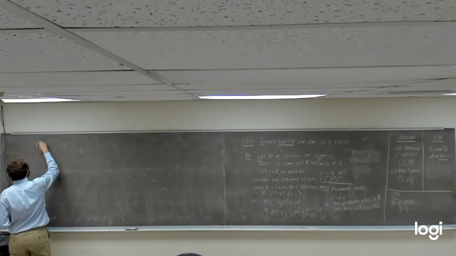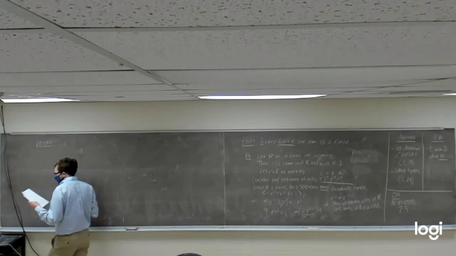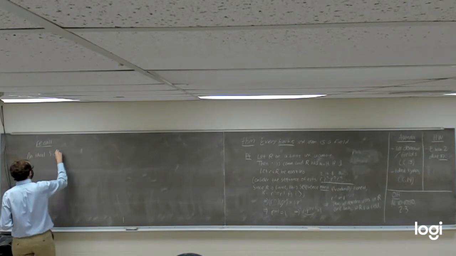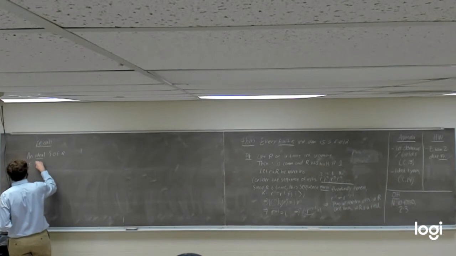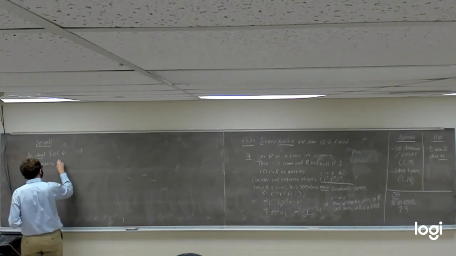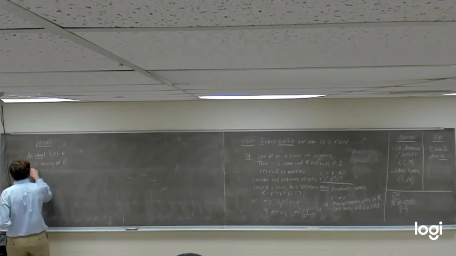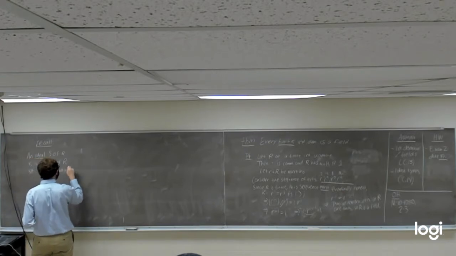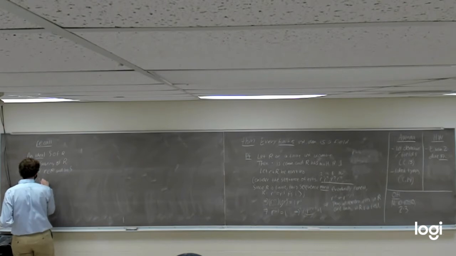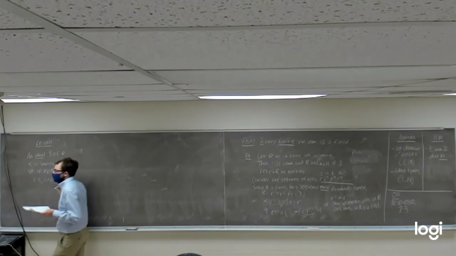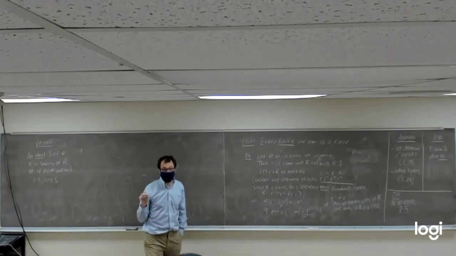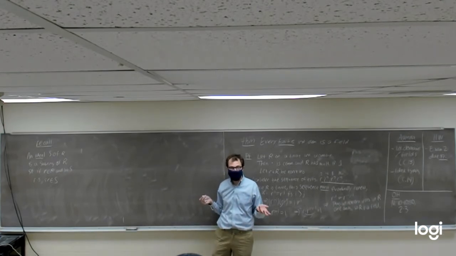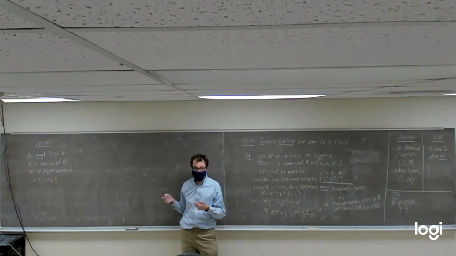So to start with, let's do a quick recall here. Something I want you to recall is that an ideal S of R is just a subring of R such that if little r is any element in big R and little s is any element in big S, r times s and s times r have to be elements in S. In other words, ideals are just these subrings where if you take anything in the ideal and multiply by anything in the ring, whether or not it's in the ideal, you'll still always end up with something back inside the ideal.